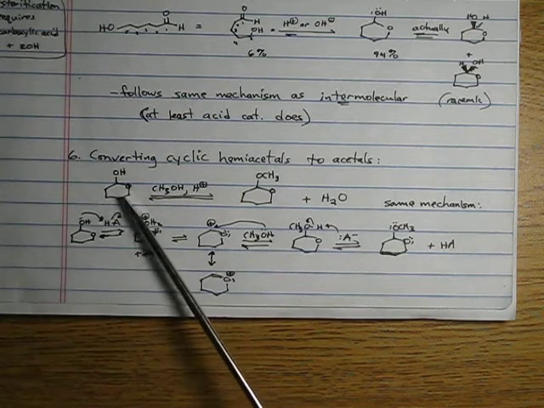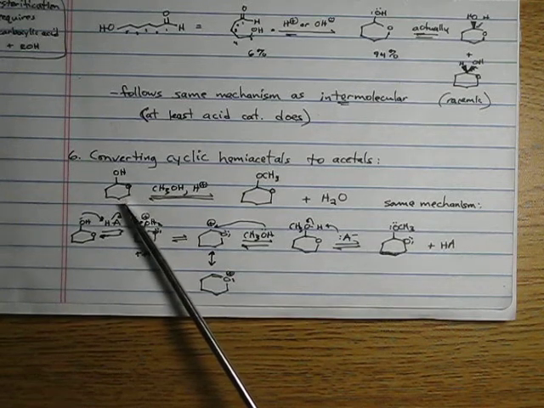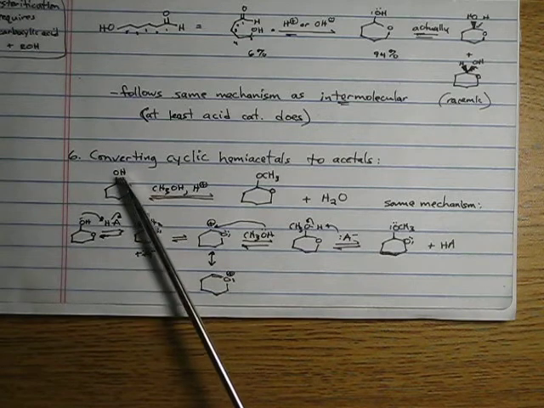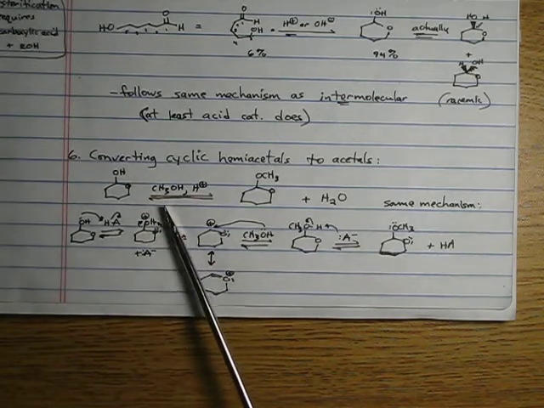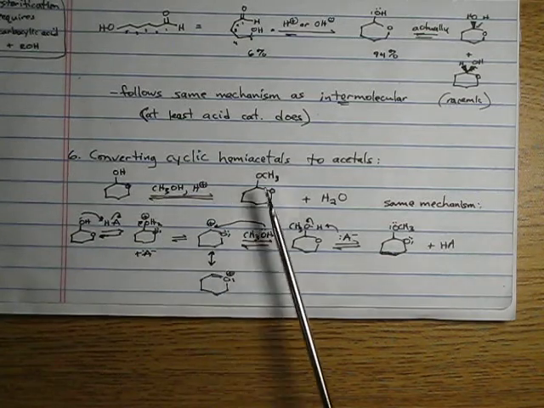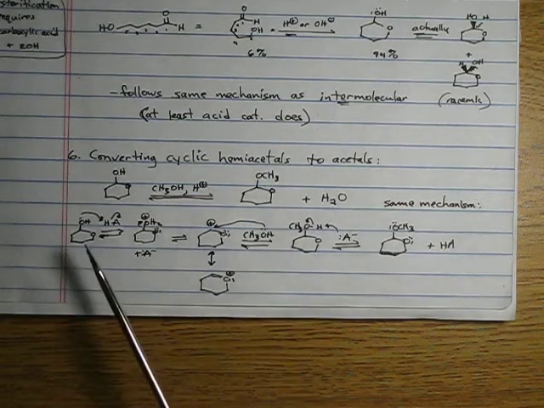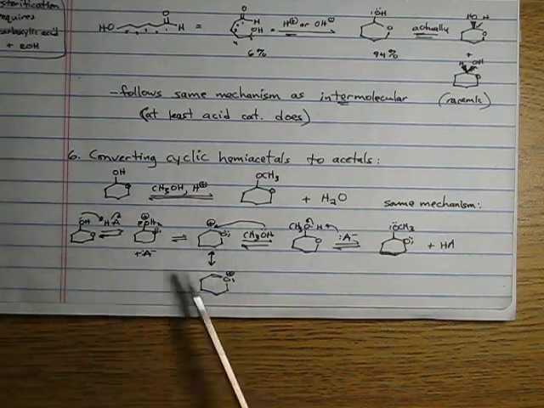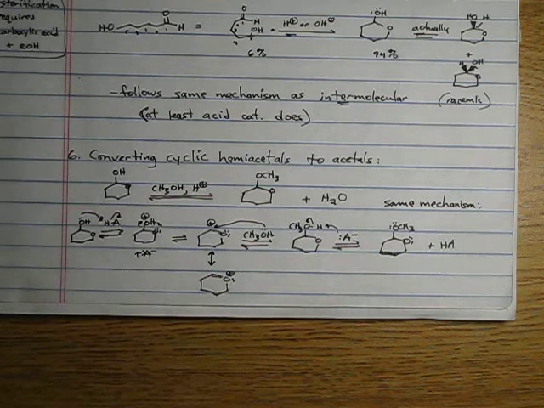Here we have the cyclic hemiacetal, our lactol here. We want to convert this to OR. Let's just throw in our second equivalent of alcohol with base, and that will put this group on that carbon. And now we have a cyclic acetal. And note it follows the same mechanism as making cyclic acetals before, from the hemiacetal to the acetal part.